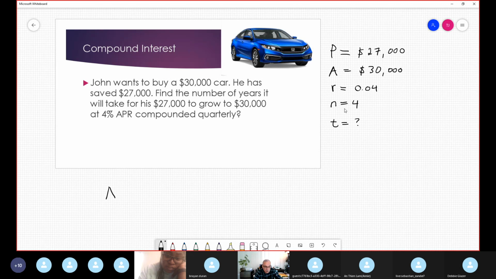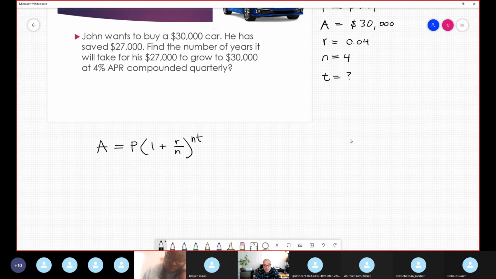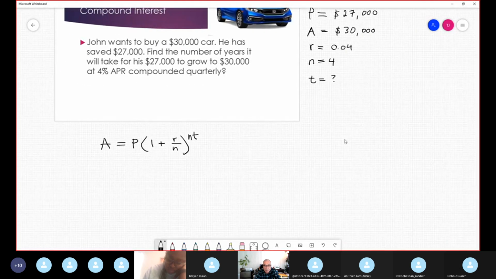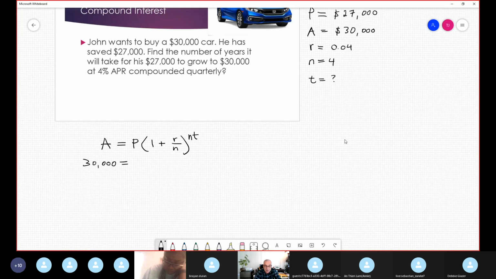The same formula. Future value is equal to present value times 1 plus r divided by m, to the power m t. Plug the information that we have into the formula. This is 30,000. This is 27,000.